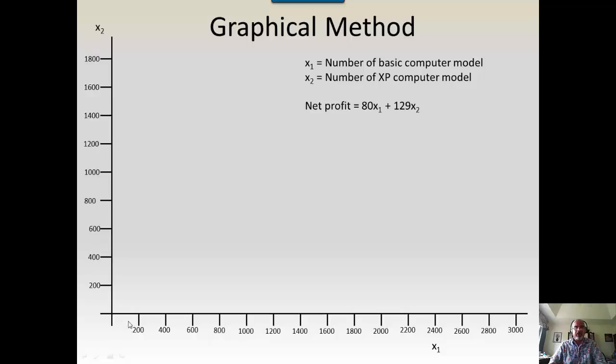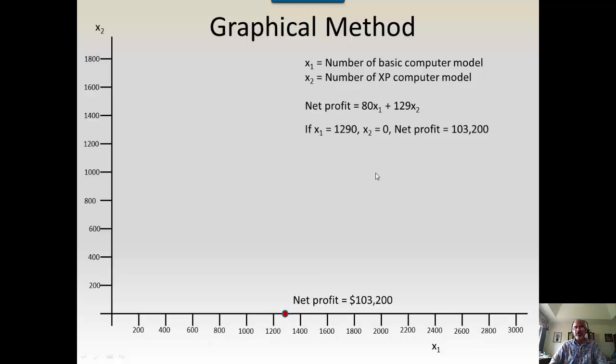So here the x-axis and the y-axis are scaled properly, and we draw the line for some given profit. So if x sub 1 is set to 1290 and x sub 2 is set to 0, you get a net profit of 103,200, and that represents this point.